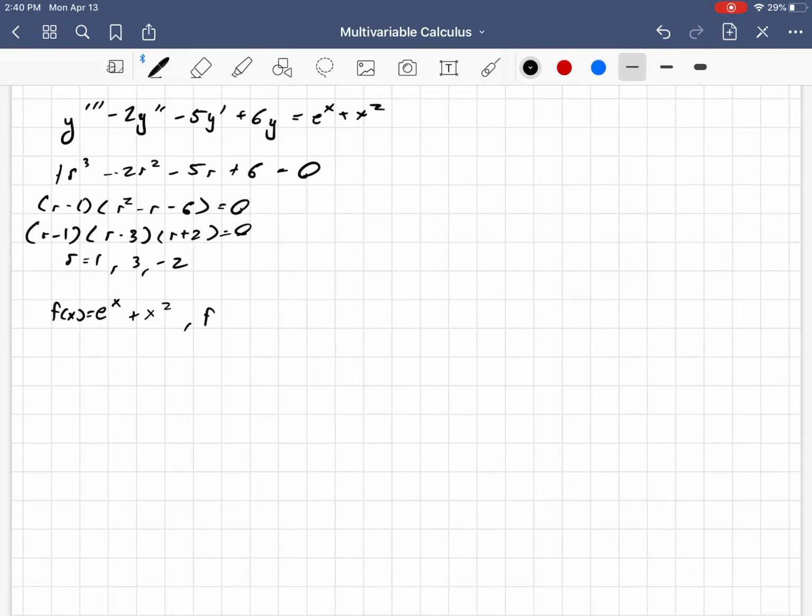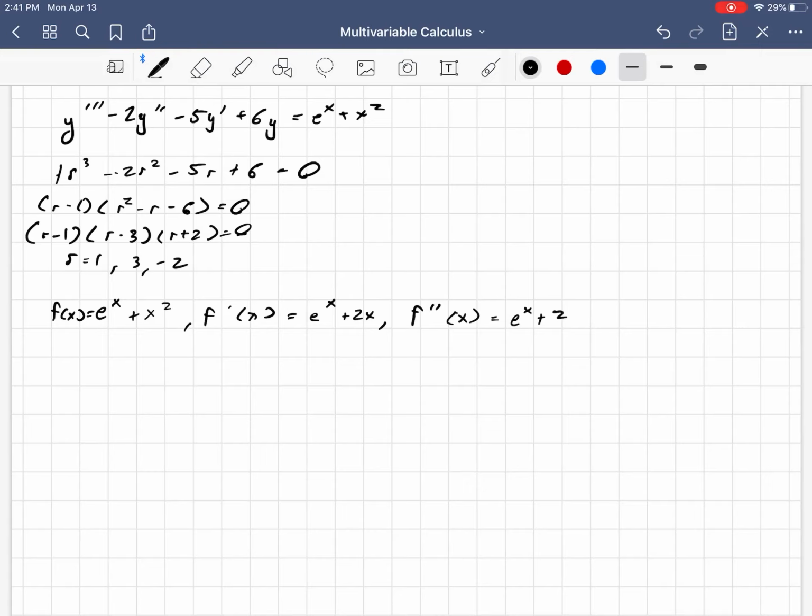So the idea is, let's differentiate this e to the x plus x squared. This is f of x, call it. If we differentiate it, we get e to the x plus 2x. Differentiated again, we get e to the x plus 2.